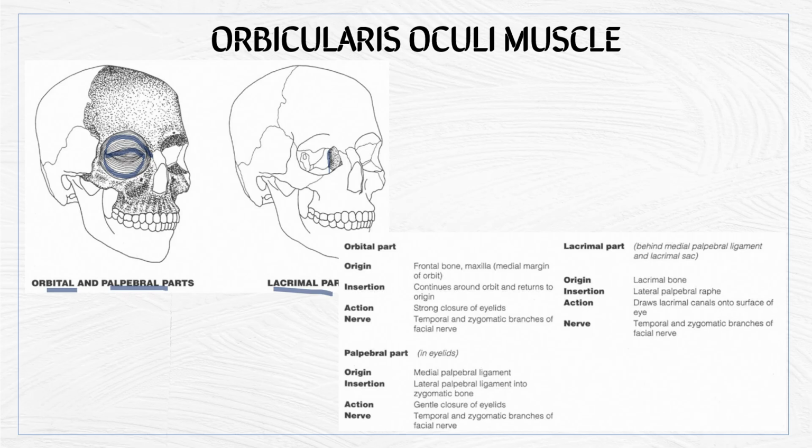The action of the orbital part is strong closure of the eyelids as it surrounds the eyelid, the action of the lacrimal part is that it draws the lacrimal canal onto the surface of the eye, and the action of the palpebral part is gentle closure. Heavy closure is done by the orbital part, and gentle closure by the palpebral part. The nerve supply for this muscle is the temporal and zygomatic branches of the facial nerve for all three parts.